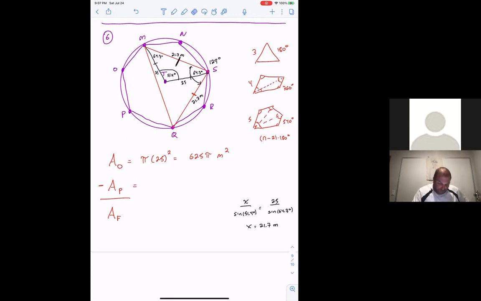All right, which means the area of the playground is 1/2, one side. Sorry, 21.7 is not 25. Does that make sense? 360 divided by 7. Yeah.